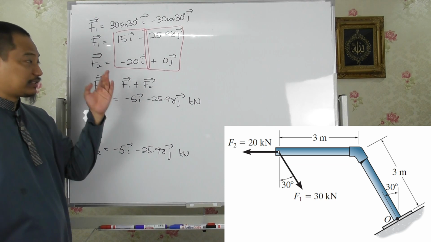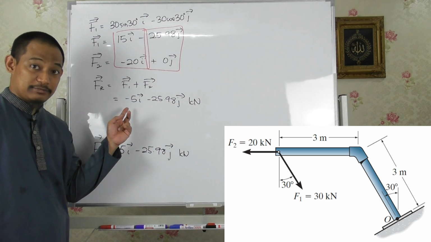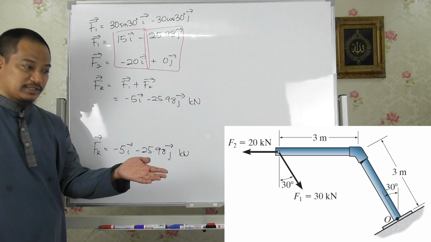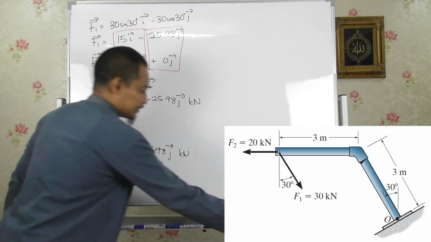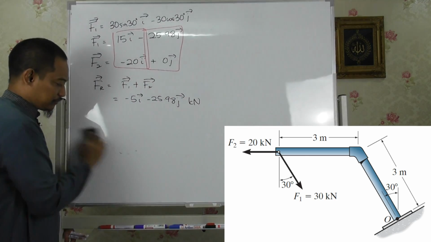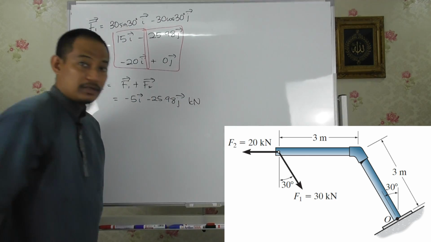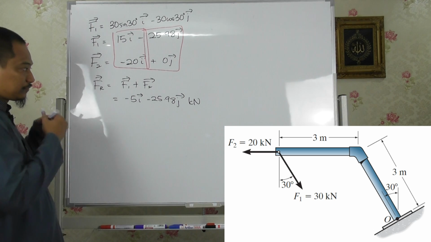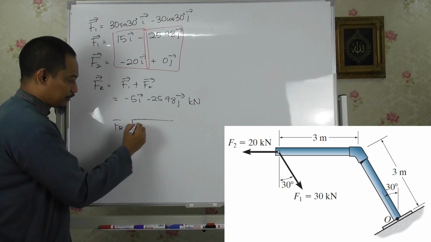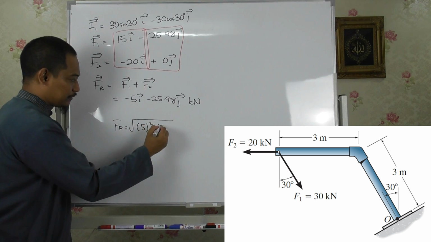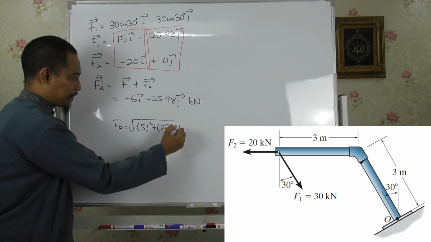Of course, if you use vector analysis, you will reach this answer first, and then because the question actually asks as well for the magnitude, right? So to complete the answer from the vector, you have to know how to get the magnitude, right? So FR magnitude is simply just square root of 5 square plus 25.98 square.